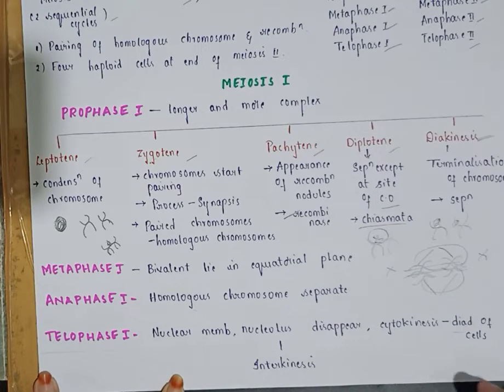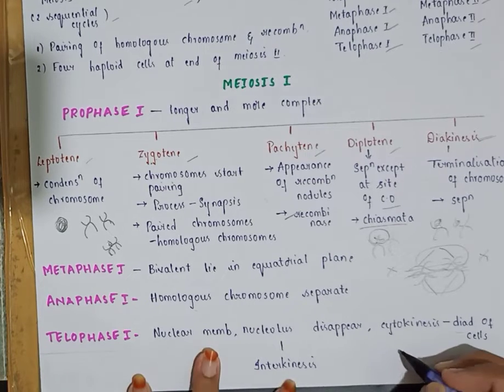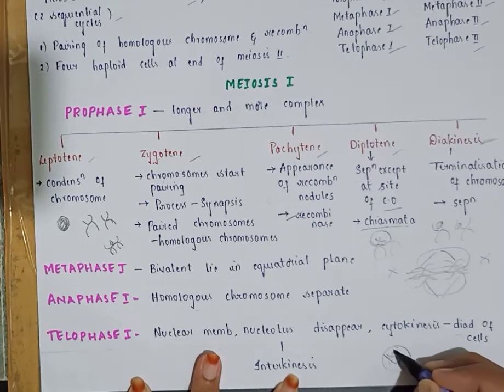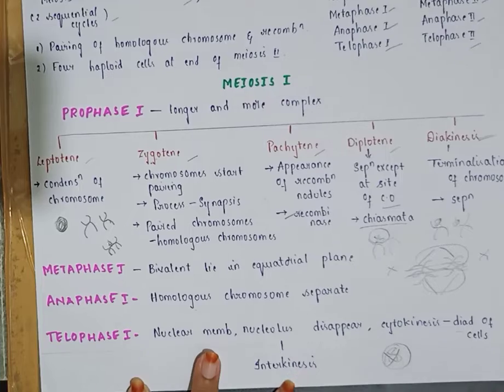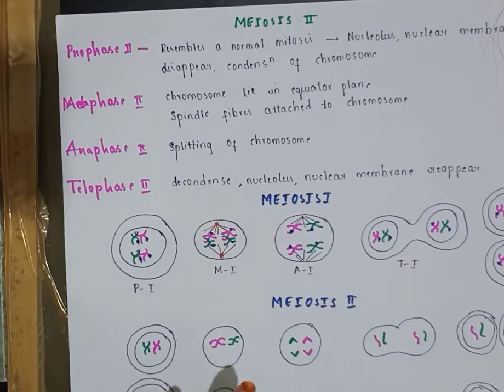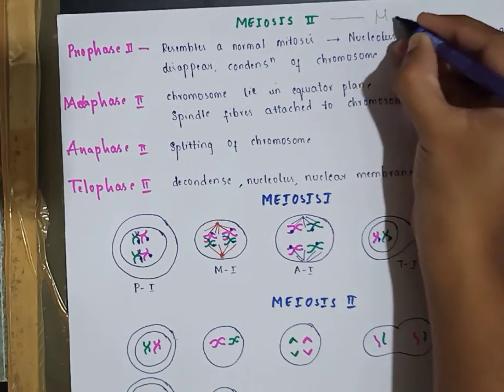So this is called a dyad of cells. By the end of telophase 1, the chromosomes get separated, and each cell contains two sister chromatids. This is one sister chromatid, and this is another sister chromatid. So this is called telophase. And here meiosis 2 is similar to that of mitosis.